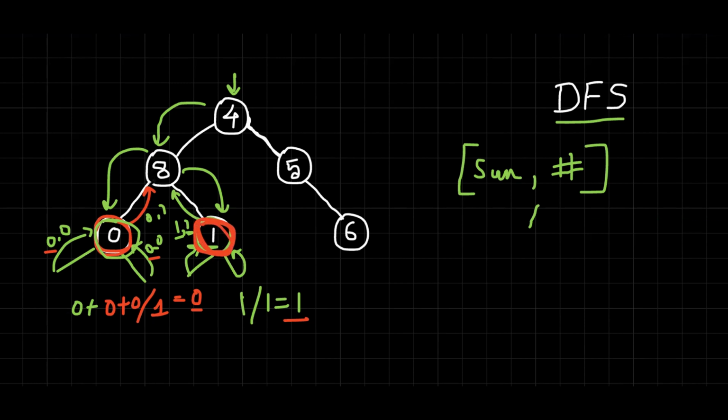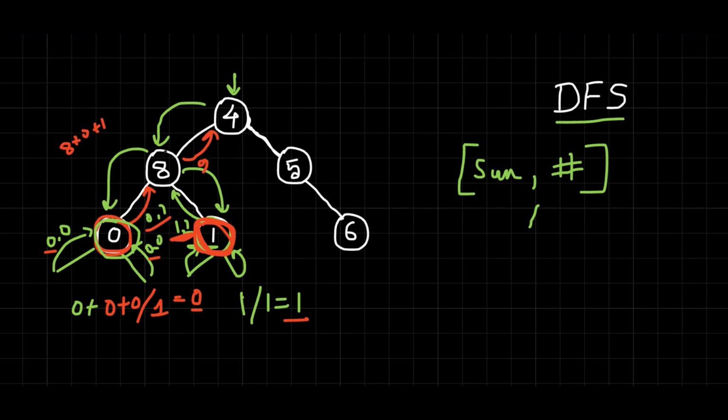Now we are at this node 8. Its left subtree is returning the value 0 and 1. Its right subtree is returning the value 1 and 1. So for the node 8, the summation will be 8 plus 0 plus 1, which is 9.